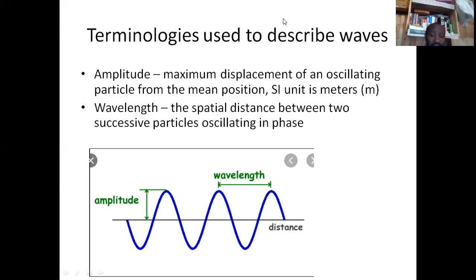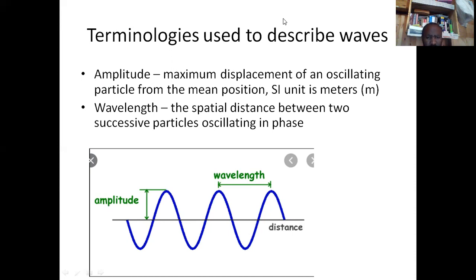We also have another terminology that we refer to as the wavelength, and it is the spatial distance between two successive particles oscillating in phase. Now, you can see the diagram where one wavelength is indicated.